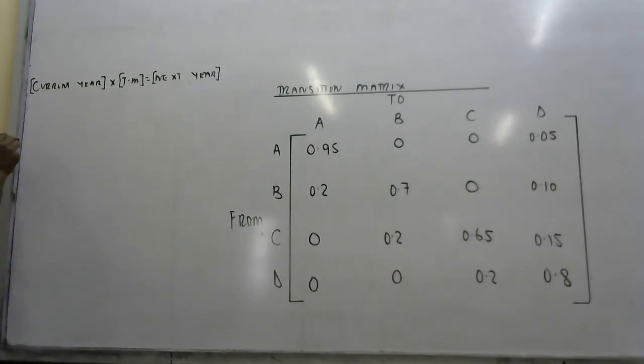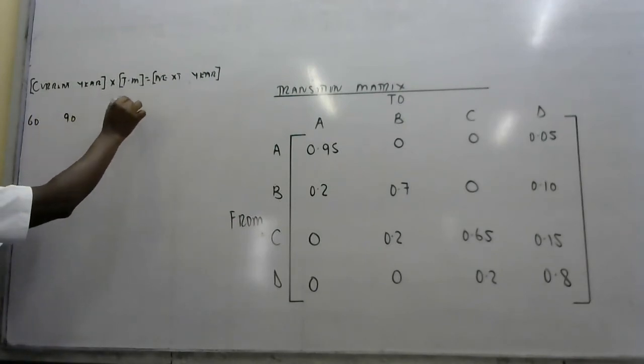We are told right now in class A we have 60, B we have 90, C we have 150, and this other one we have what?